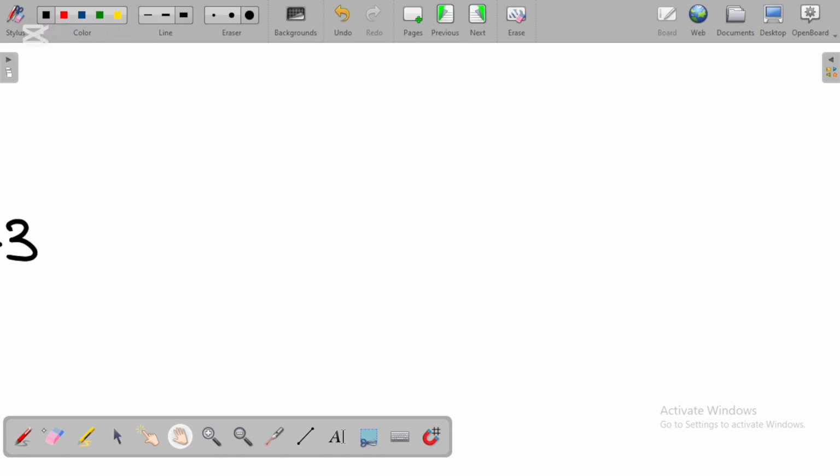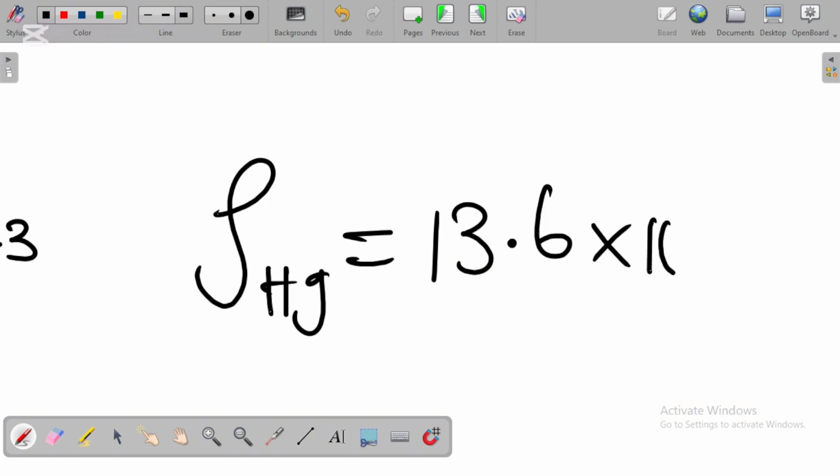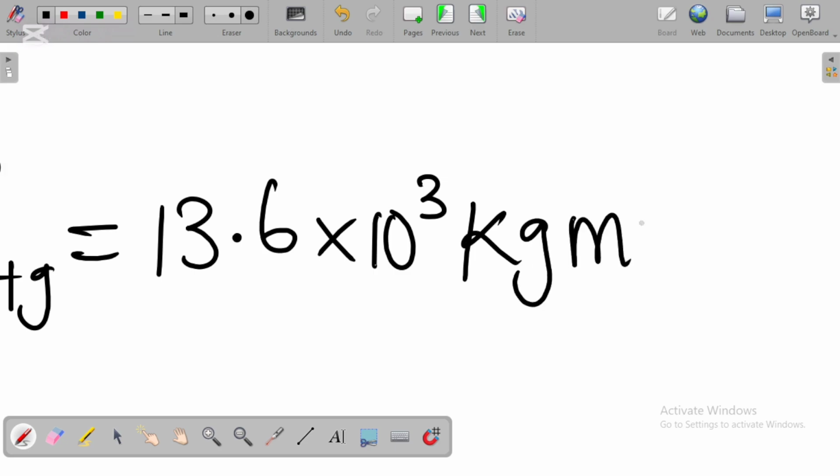All right, so what's the density of mercury given? The density of mercury given is equal to 13.6 times 10 raised to the power 3 kg m^-3.